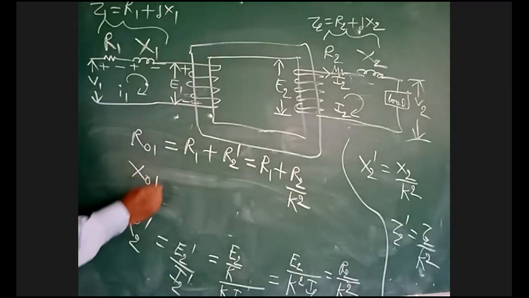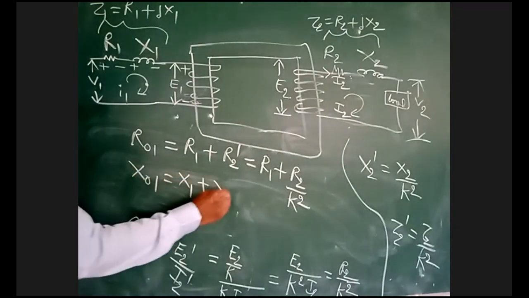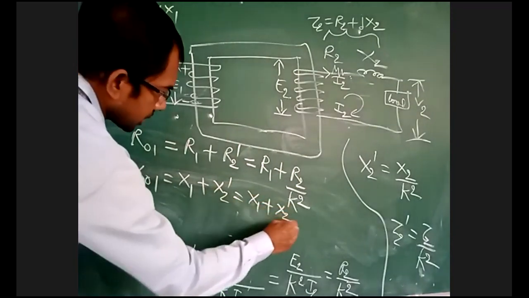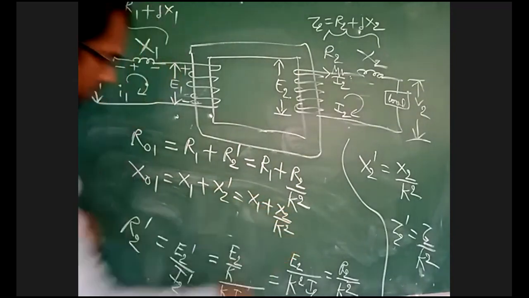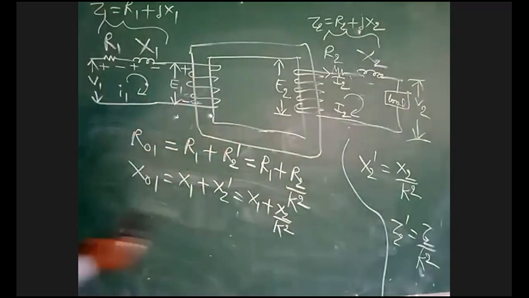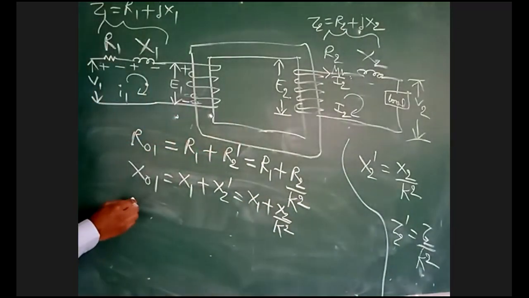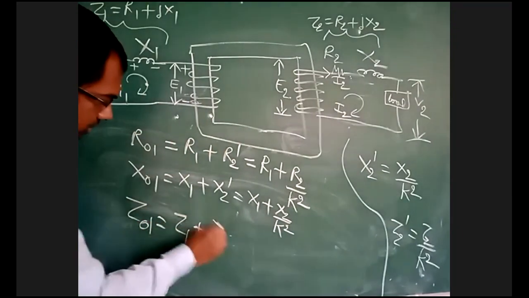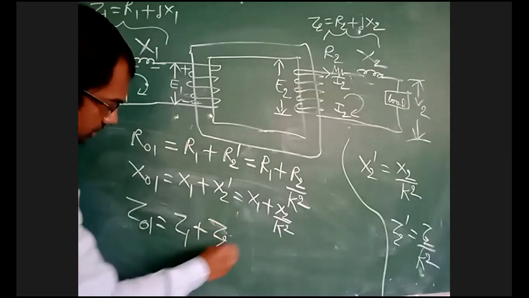Similarly, X01 is equal to X1 plus X2 dash, that is equal to X1 plus X2 by K square. Next, Z01 is equal to Z1 plus Z2 dash.